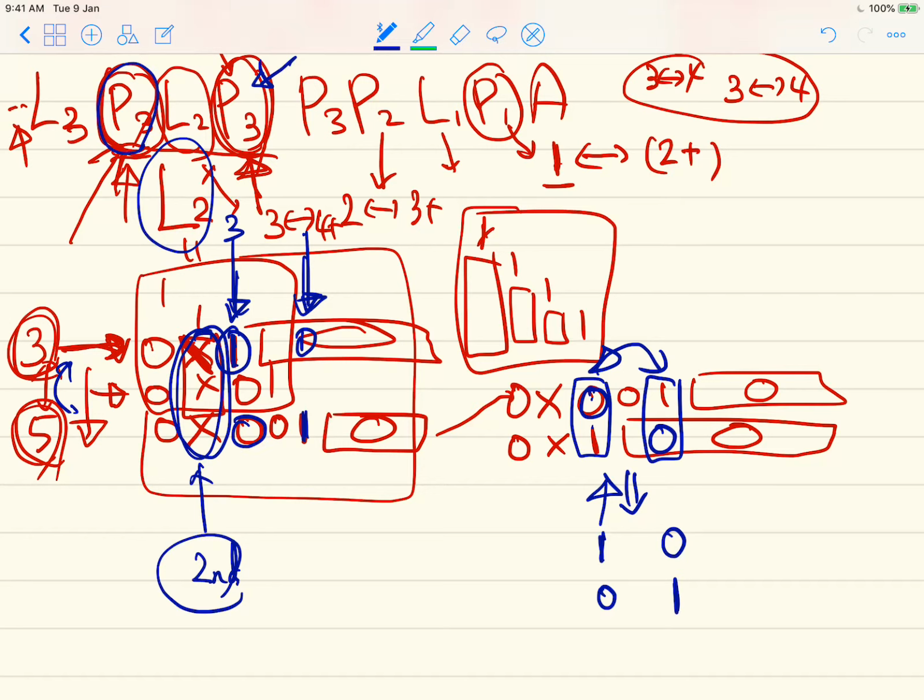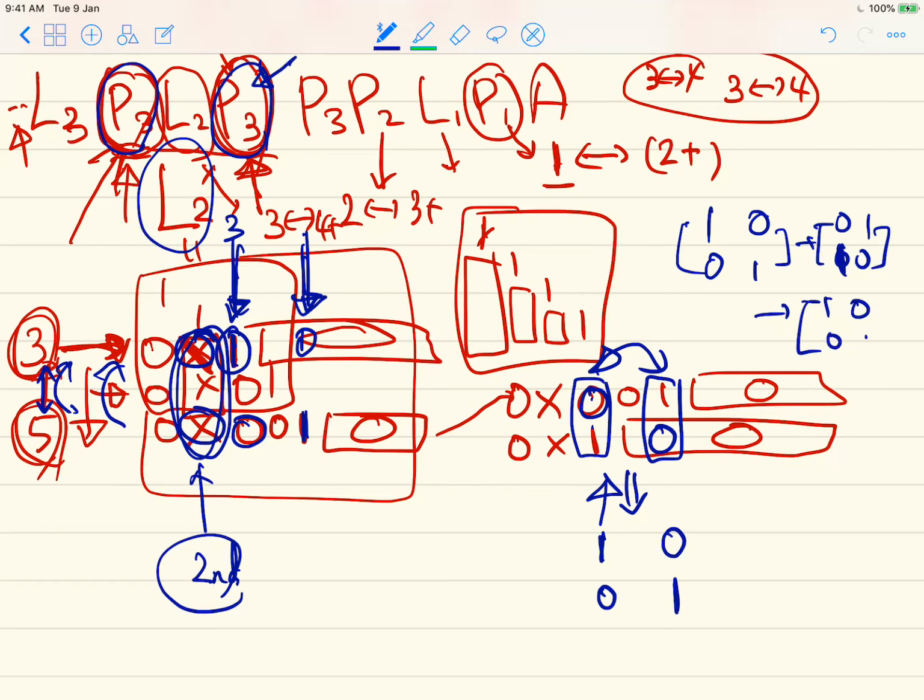But when doing the permutation using P3 for the row interchanges and the column interchanges, it will change the third and one of the latter rows and also their columns, right? So when doing the row interchanges, these two values will change. But when doing the column permutation, it will just change that structure 0, 1, 1, 0 and convert it back to 1, 0, 0, 1, right?